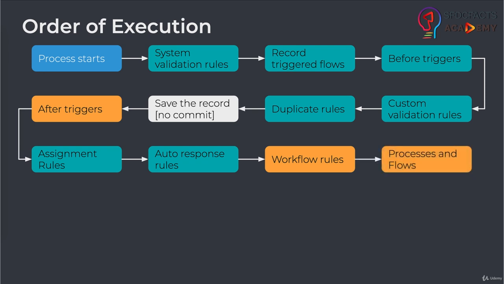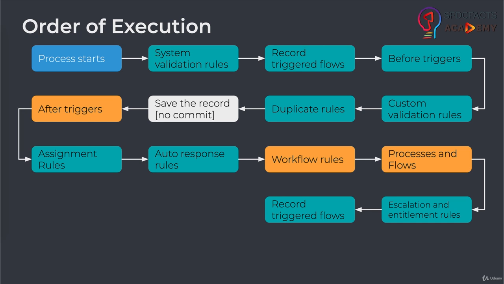After this, the process builder and visual flows will execute. Then the escalation rules and entitlement rules are executed. After this, the record triggered visual flows will execute again. And this time, the flows which are defined to execute after the record is saved will execute.